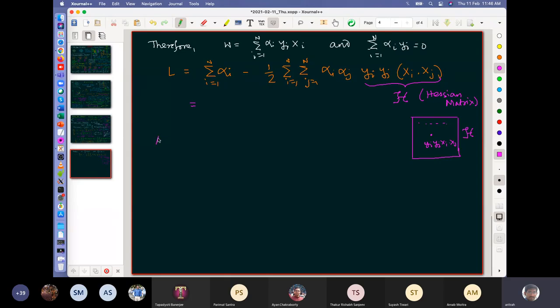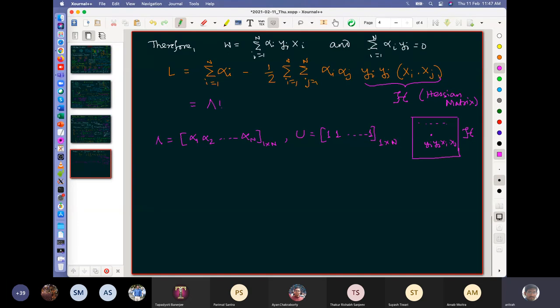If I take all the alpha i as a vector, alpha 1, alpha 2, for the n points, alpha i is a 1 cross n vector, and let us take a unit vector as well of n dimension, which I will require anyway, which is also 1 cross n. So with that, I can just reduce this one.